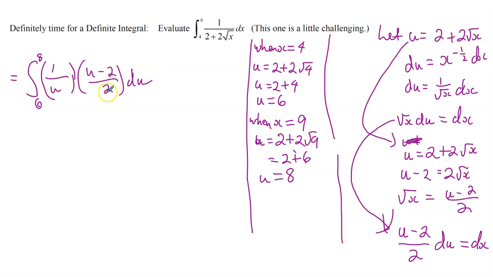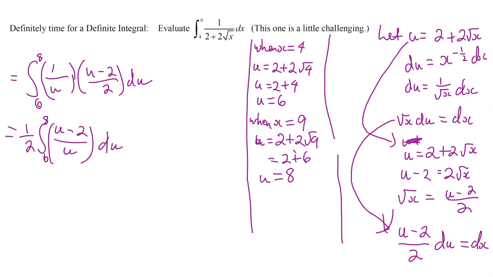Let's get rid of the 2, but it's not a 2, it's a half, right? So it equals 1/2 integral from 6 to 8. We have 1 times u minus 2 over u, or just u minus 2 over u du.